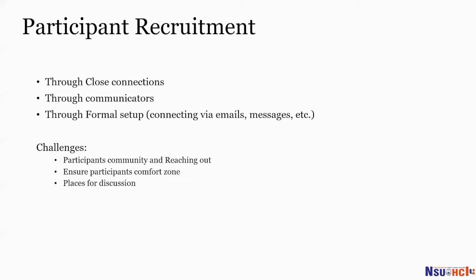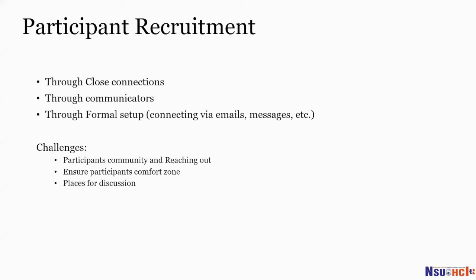And the last thing is formal setups. Suppose you want to talk with some known faces, so you can just email or message them, and they might talk with you. Even close connections can work at this stage. But there are a few challenges to reach out and get participants, because sometimes the community is the problem.